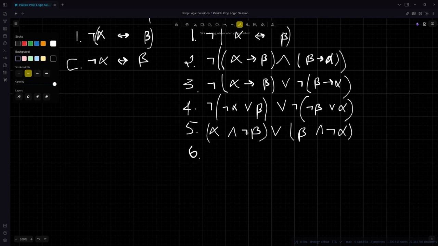I'm getting material implication. It depends what we want to take as the antecedent, but if, for example, we want to take the negated beta as the antecedent, then it'll just be beta implies alpha.